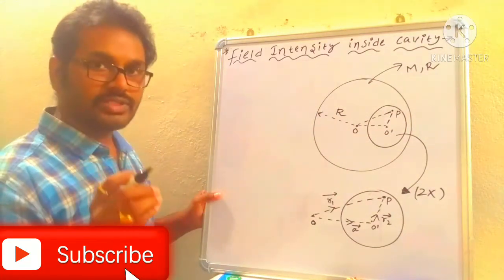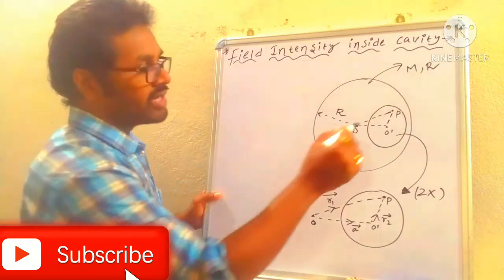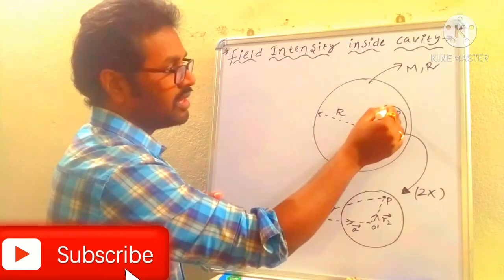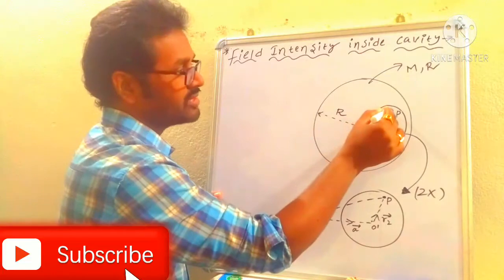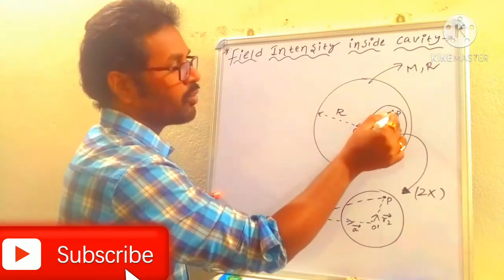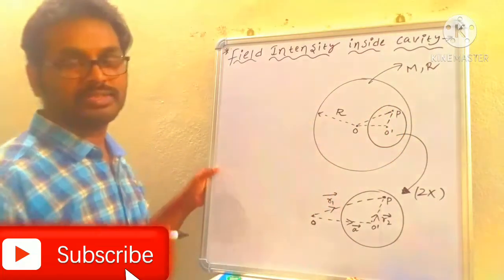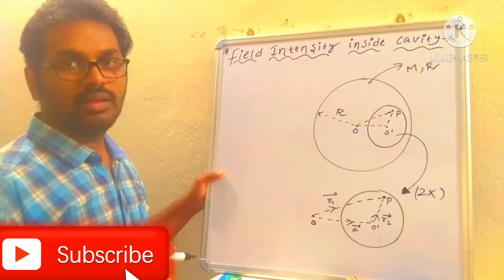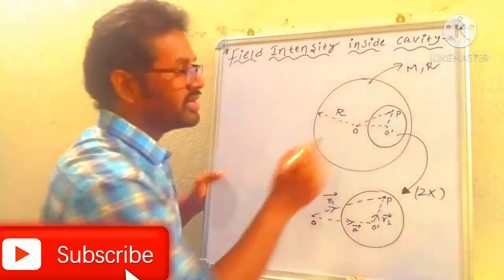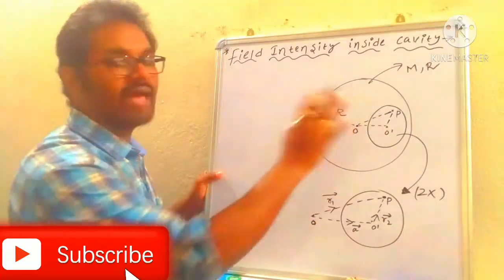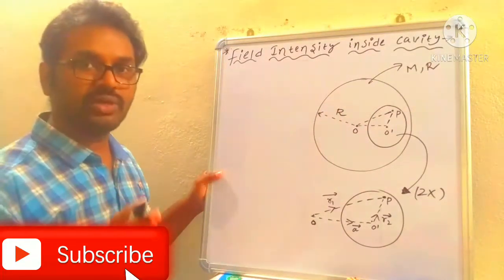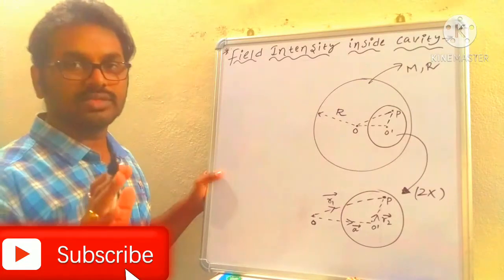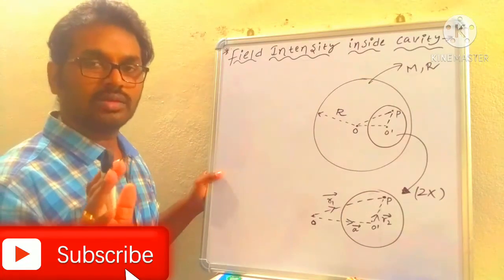Now our target is to find the gravitational field intensity at any general point inside this cavity. I am choosing a point P here. This is a general point. To find the field intensity due to the sphere having the cavity, we want its magnitude as well as the direction. This is our target.